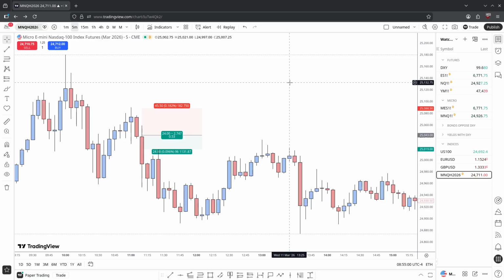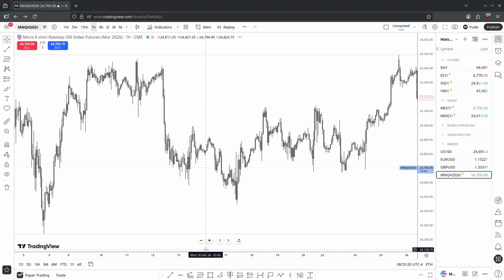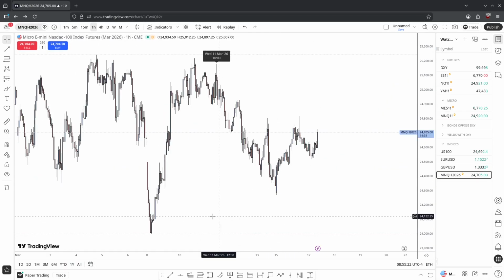So what happens is price runs and it seeks liquidity in the form of buy or sell stops. So in essence, let me show you.